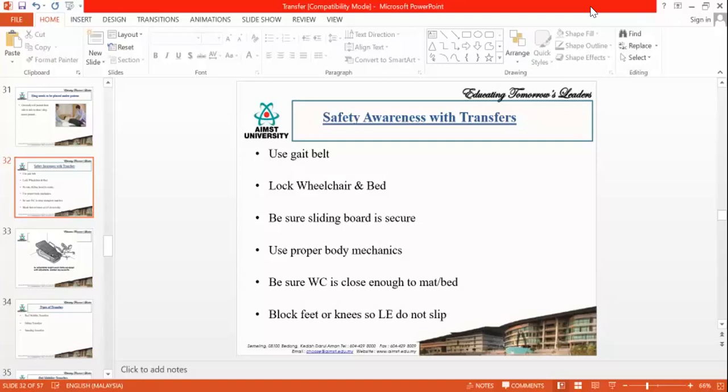If you're not using the proper body mechanism, and you're treating patients within 2 years of your experience, you will end up with disc prolapse, which will affect you drastically, and you need to leave the job immediately. So you need to be very careful while you are transferring the patient.